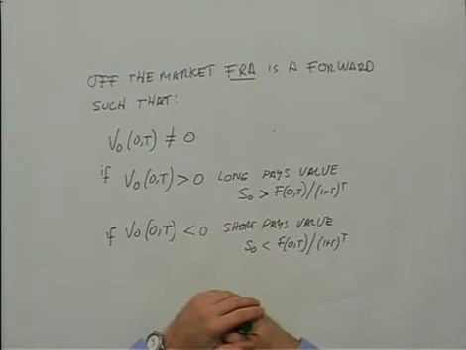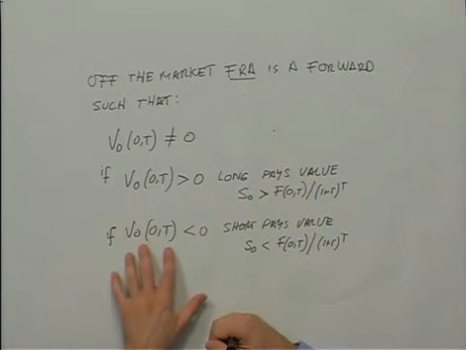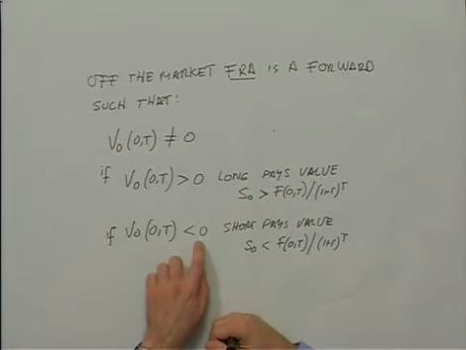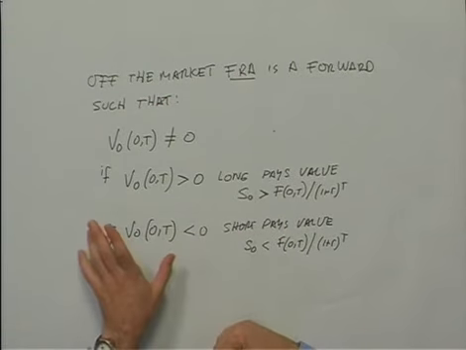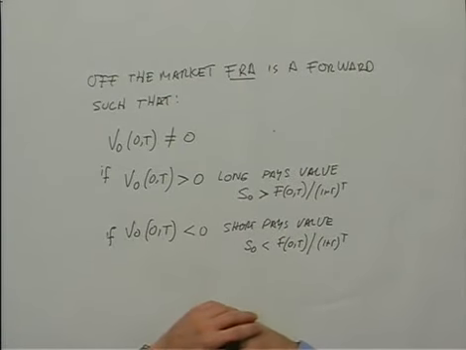If the value of this contract is greater than 0, that means that the long pays the value. If the value at origination is negative, it means that the short pays the value to the long counterparty. But what you have to remember here is that an off-the-market forward contract is a forward contract whose value at origination is different from 0.